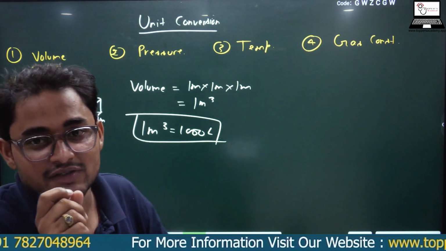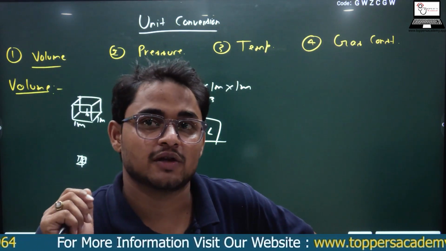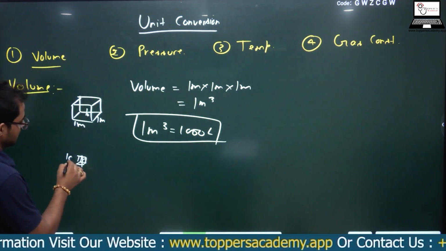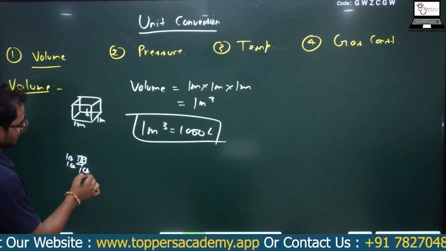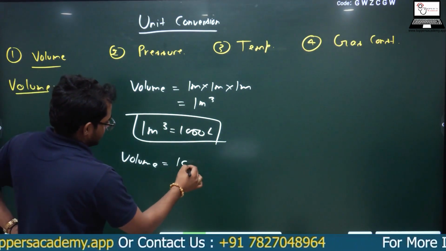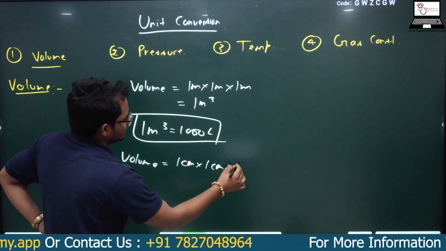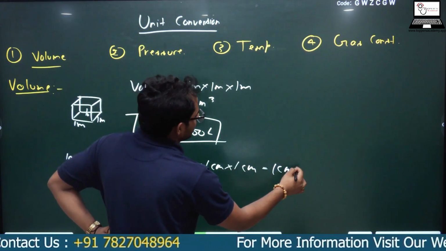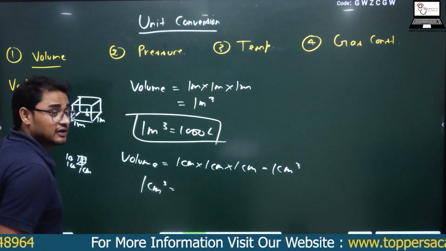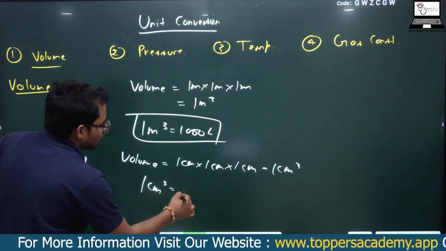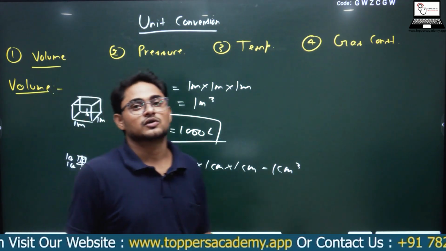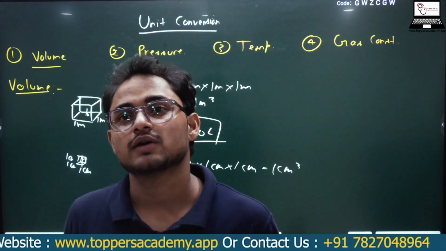So the volume of the syringe or injection will be 1 centimeter into 1 centimeter into 1 centimeter. So 1 centimeter cube. And do you know that the medicine that can be filled in this type of injection is 1 ml. So I can say that 1 centimeter cube is 1 ml.